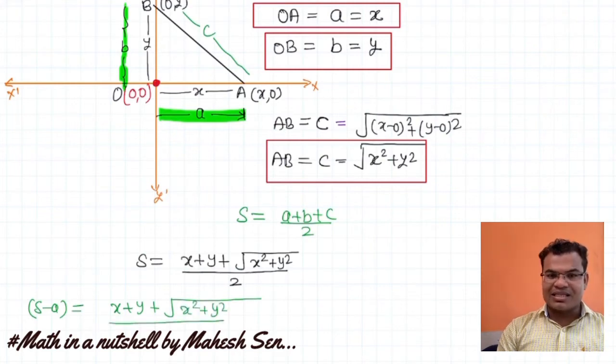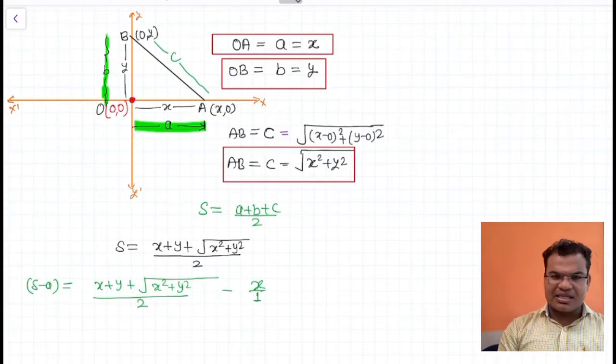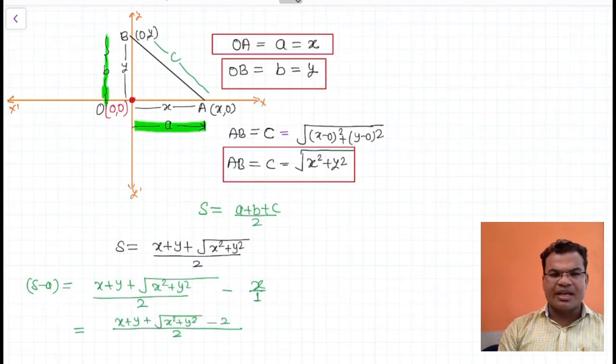This is the semi-perimeter S minus a. So what is a here? a is x. So I'll put x upon 1, and taking the LCM of 2 and 1, that is 2. So x plus y plus under root x square plus y square will be as it is, copied down. Minus 2x, as 2 goes into x.